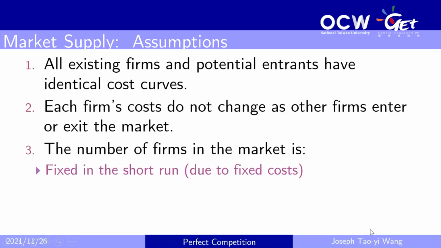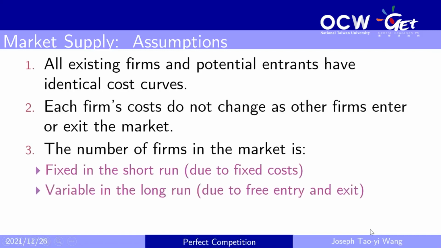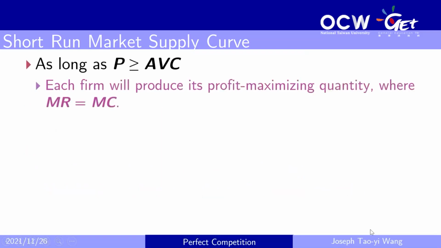And then the number of firms is going to be fixed in the short run because there are fixed costs. But then it's going to be variable in the long run because there's free entry and exit. People can decide to enter or exit the market. Okay, so under these assumptions, what's going to happen? In the short run, as long as price is greater than AVC, we know that firms are not going to shut down.